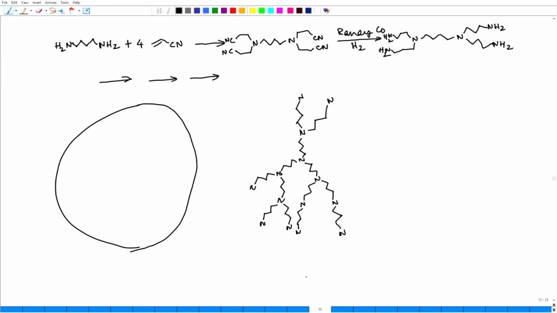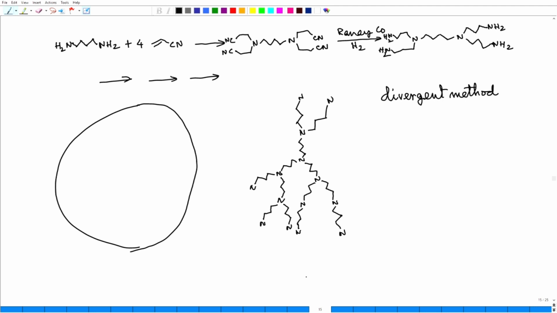So, you get a dendrimer, and this method of synthesis that I just showed you is called the divergent method. This is the divergent method of synthesis of this compound.